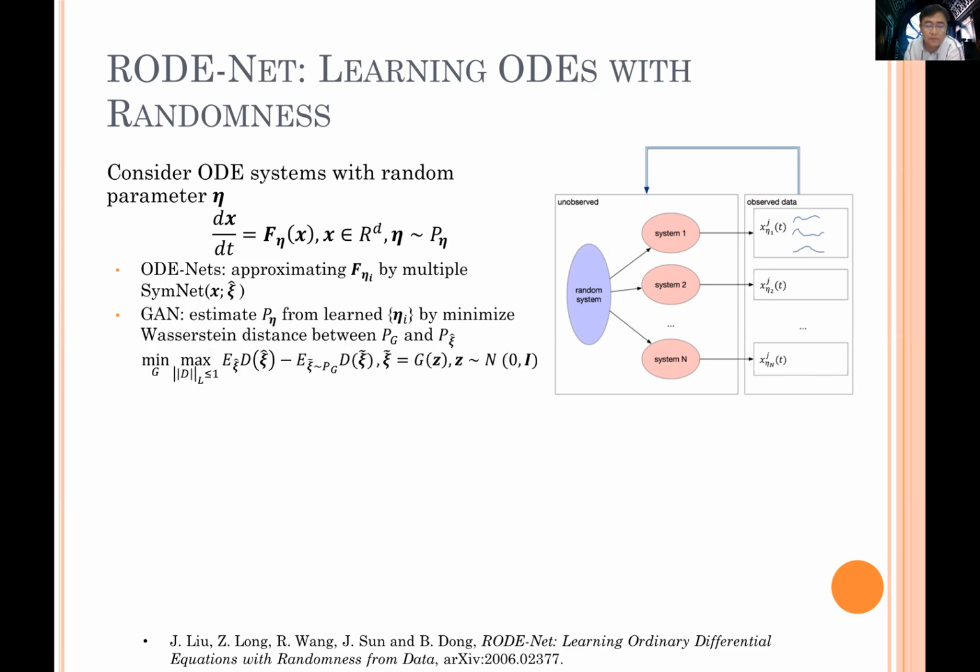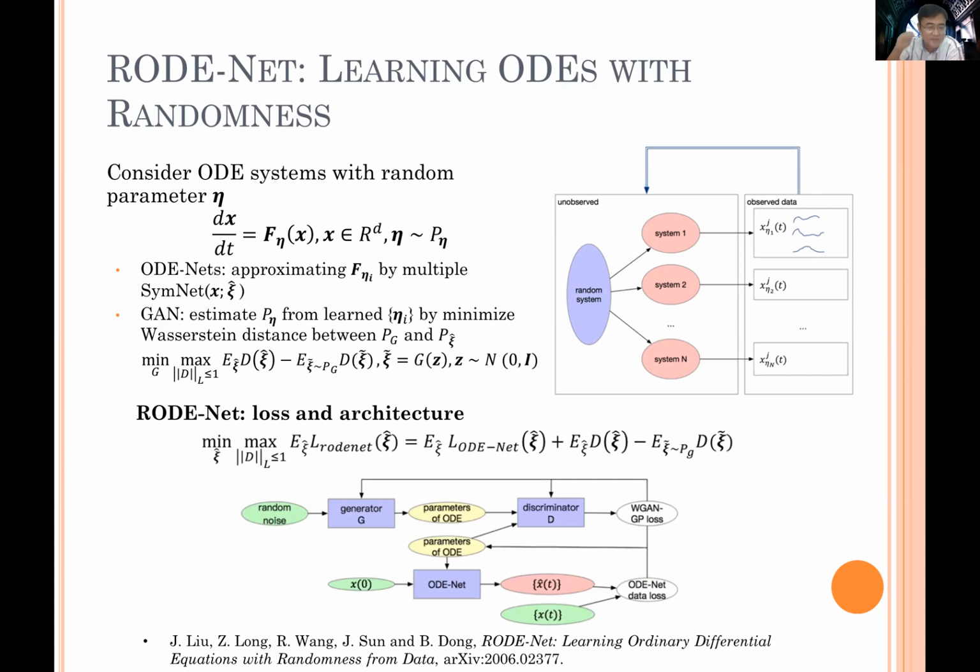Okay, let me just quickly skip through. Basically, we combine the symbolic network. We call it ODE-Net, because we do not have partial derivatives, so we throw away the partial derivatives and use the symbolic network. At the same time, we use a GAN to fit the distribution of the random eta, actually the samples eta sub i.